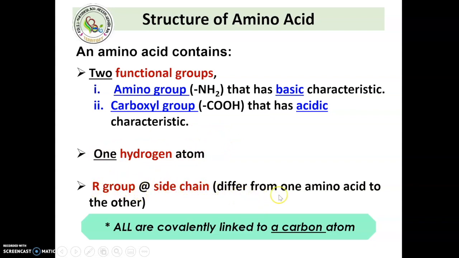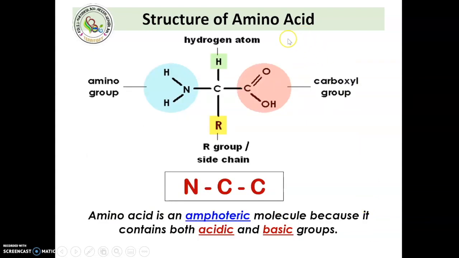This one differs from one amino acid to the others. So all are covalently linked to a carbon atom. This is the structure of amino acid. The backbone of this structure is NCC. So you look at here, they have a carboxyl group, hydrogen atom, amino group, and R group.